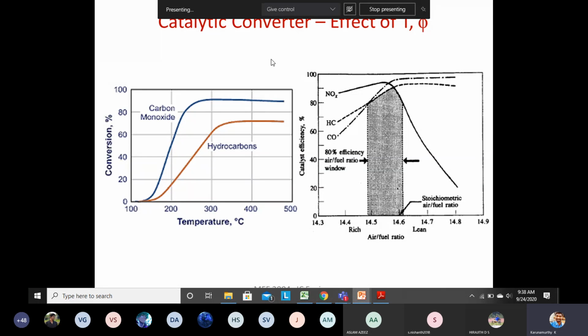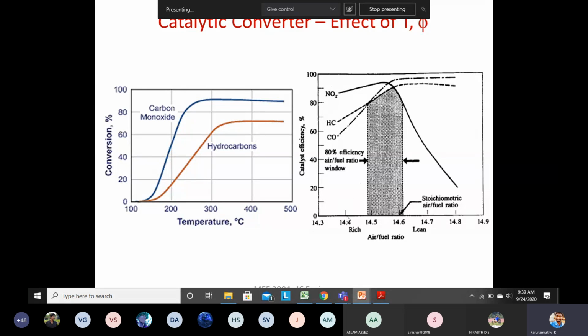This is one point. And the second point is that the conversion efficiency of the catalytic converter also depends upon the equivalence ratio or the air fuel ratio. And they have observed that for all the three major emissions, like carbon monoxide, unburned hydrocarbon, and NOx, the conversion efficiency increases as the air fuel ratio increases and approaches the stoichiometric condition, right?